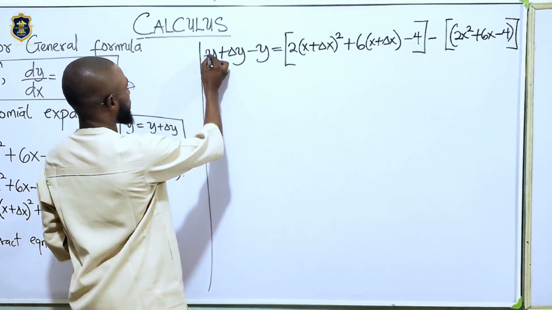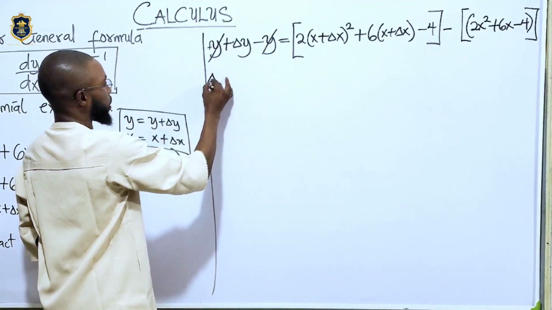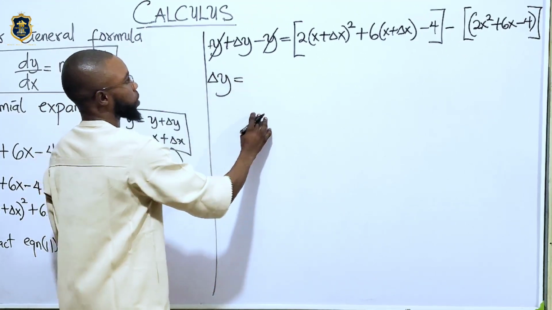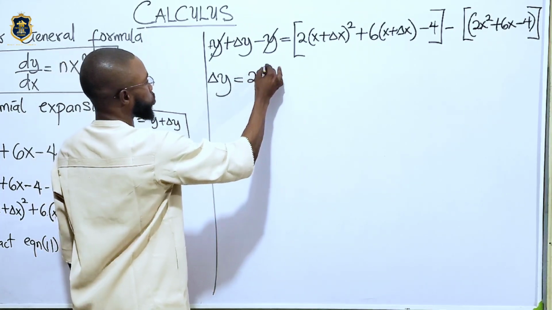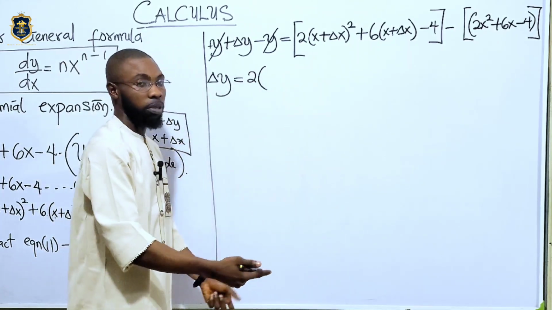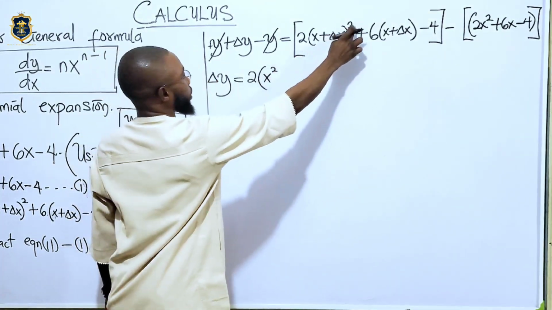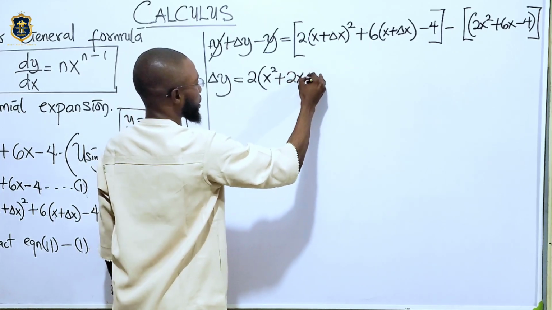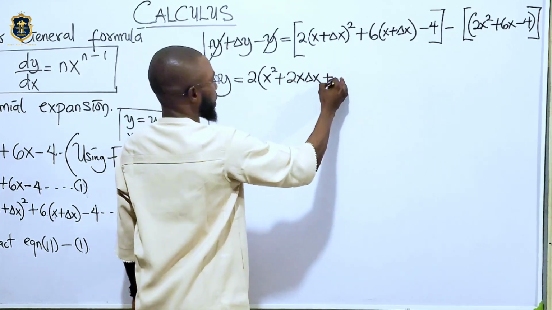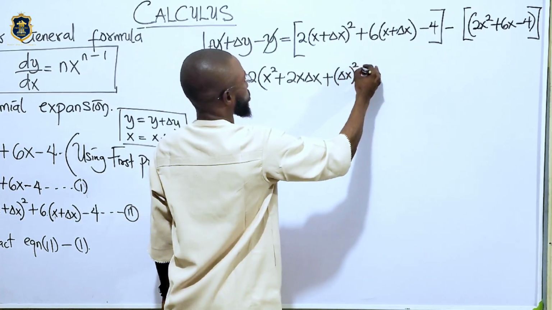Doing that, remember we have plus y minus y, they cancel out. We'll be left with delta y, which is equal to what? Let's expand this bracket. I taught you how to expand brackets. We'll square this. We're going to have x squared, plus 2 times x times dx, and then plus we square this separately, that's delta x squared.